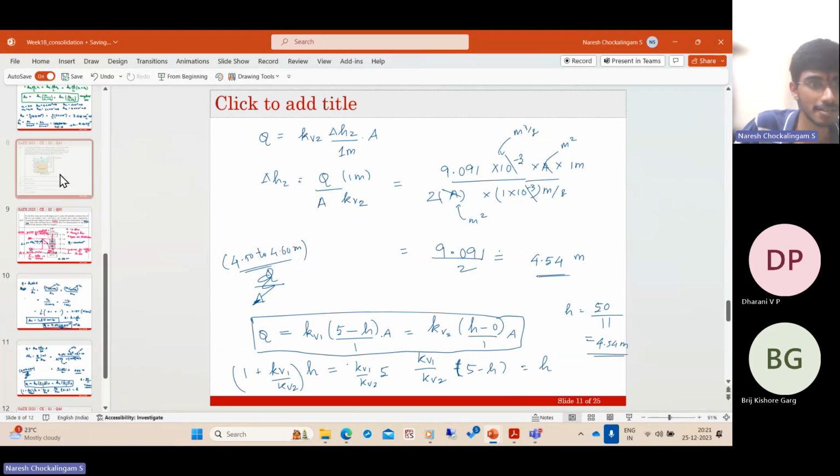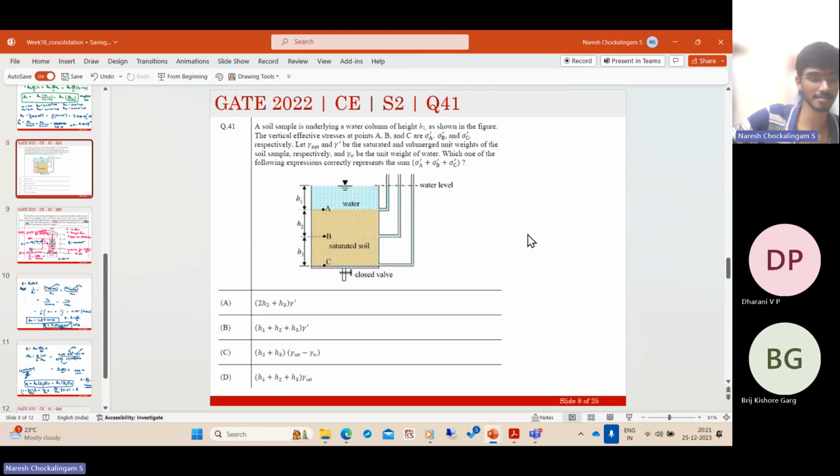Then let us look at this question. So this involves the concept of effective stress. So the idea is you have a soil sample, and Terzaghi gave this analogy between the soils and a spring.